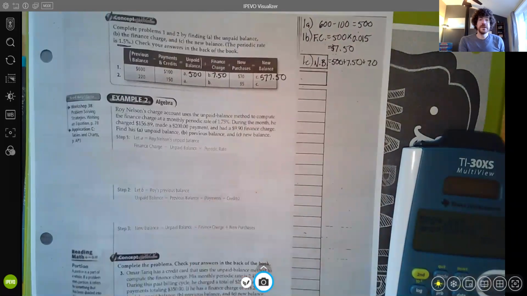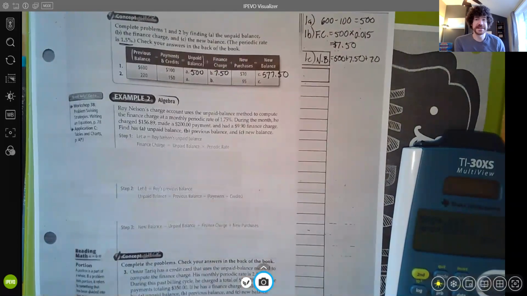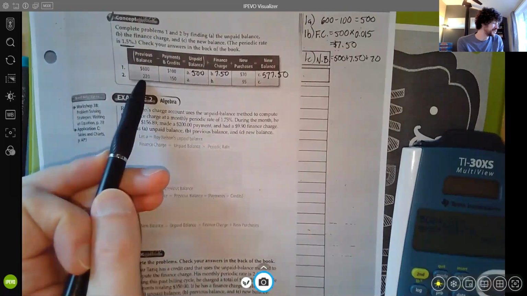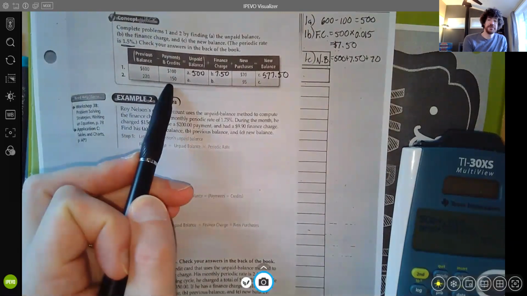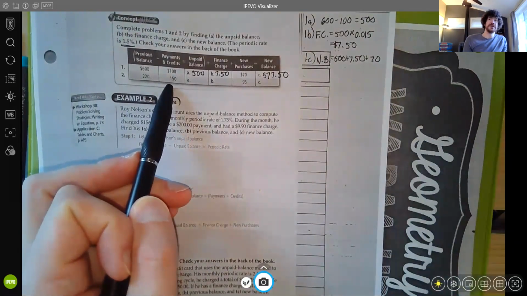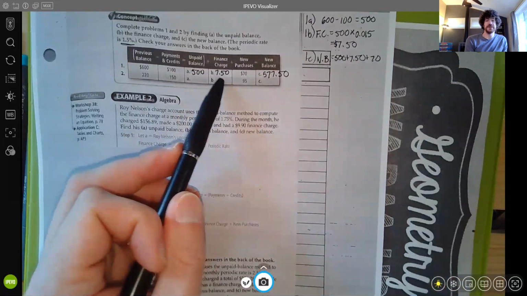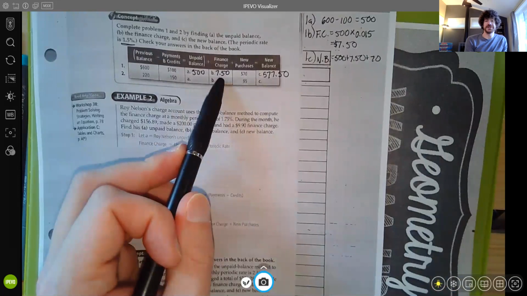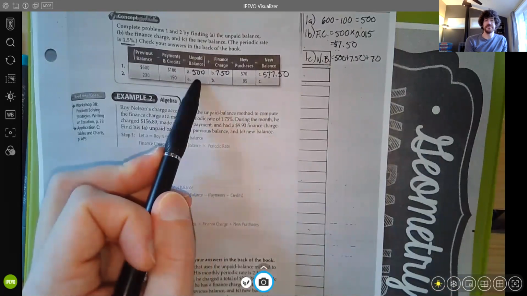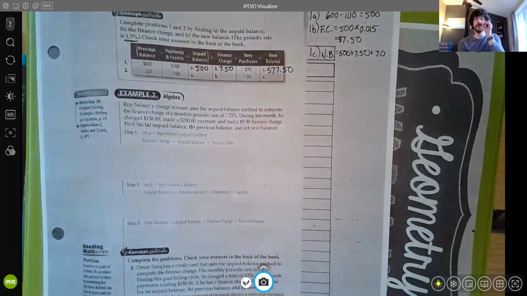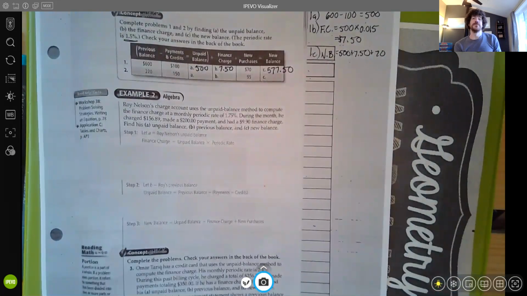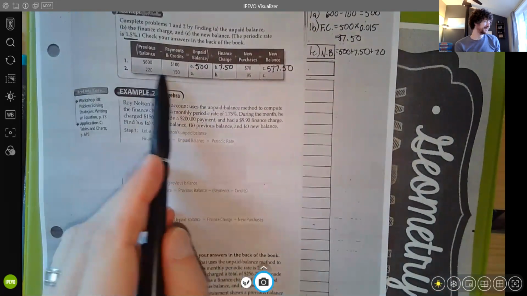All right. So I'd like a little bit of participation on this next one. Problem number 2 right here. We have a previous balance of $220, and we have payments and credits totaling $150. So how much money is going to be accruing a finance charge? What is the unpaid balance for number 2? And it just shows you right here that all you have to do is subtract.